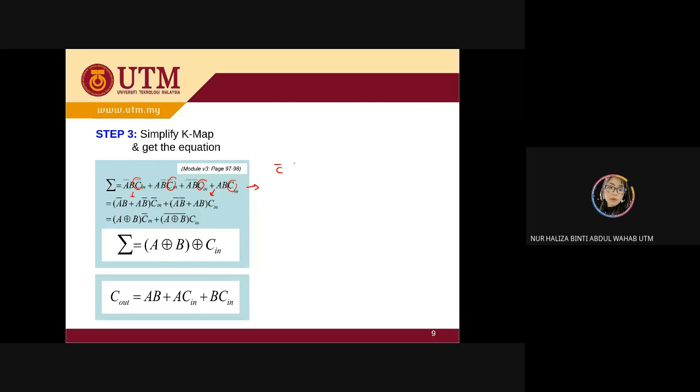C bar, A bar B plus A B bar. So this is this side. And you have another plus with C here. A bar B bar plus AB. That's why you have the second part.